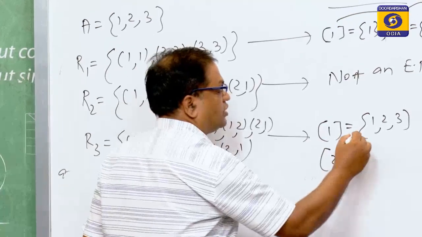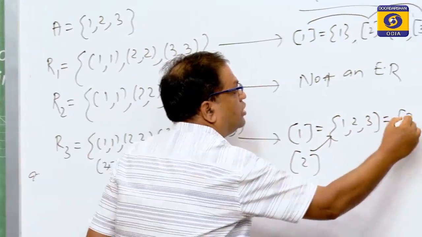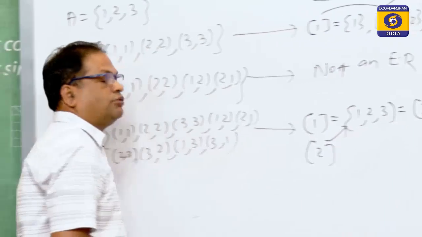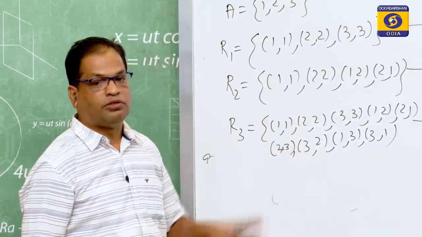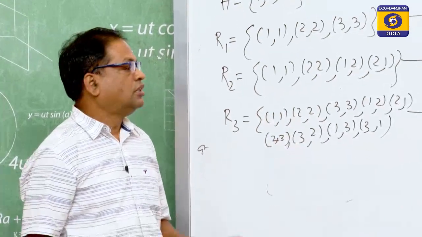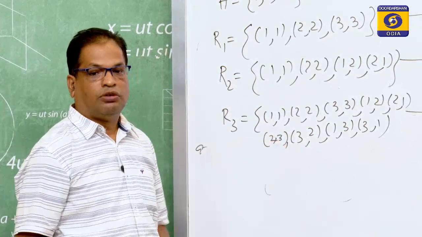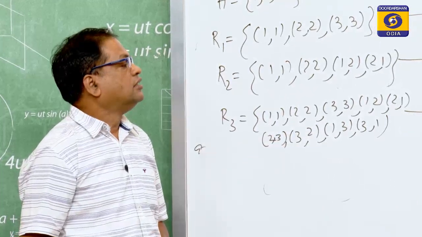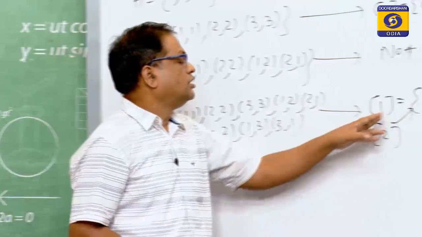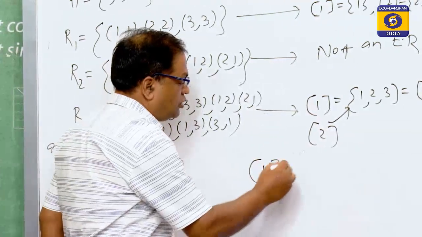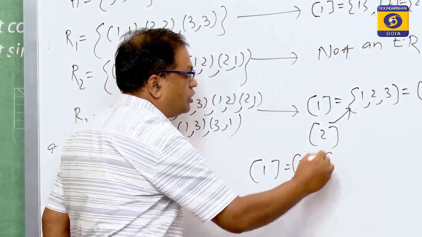We get the same set, and if you test, the equivalence class of 3 is also the same set {1, 2, 3}. That means, here there is only one equivalence class, that is the set {1, 2, 3}, because the equivalence class of 1 is equal to the equivalence class of 2, which is equal to the equivalence class of 3.